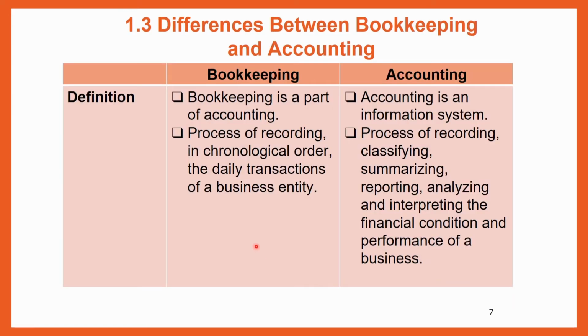So look at the difference between bookkeeping and accounting. The first one is for bookkeeping and this one for accounting. The definition of bookkeeping is a part of accounting, and it is the process of recording in chronological order the daily transactions of a business entity.